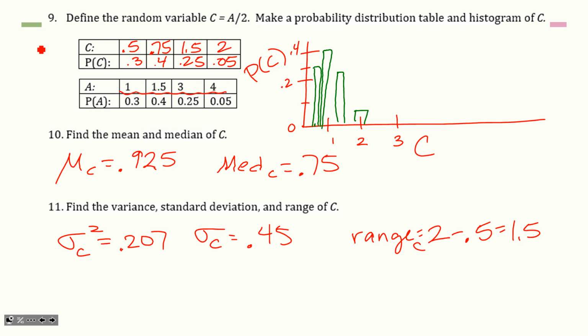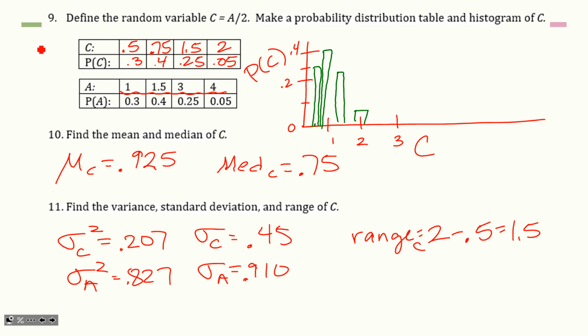So think about the relationship. If I take my standard deviation value from A, let me rewrite these down for you so that you can see this a little bit clearer. My standard deviation for A was 0.910, and my variance for A was 0.827, right?